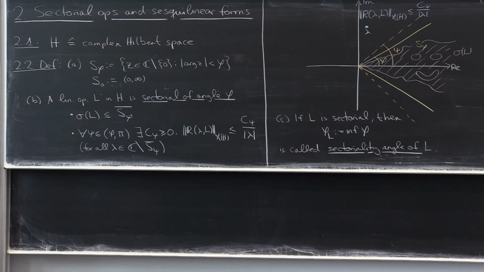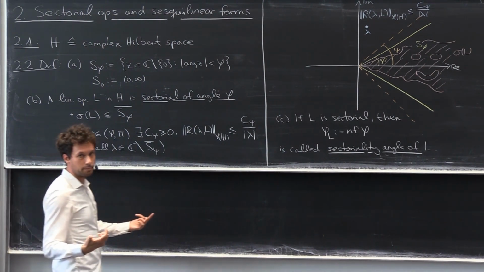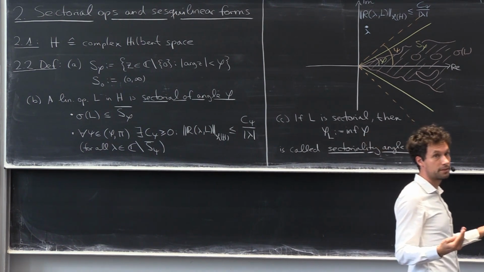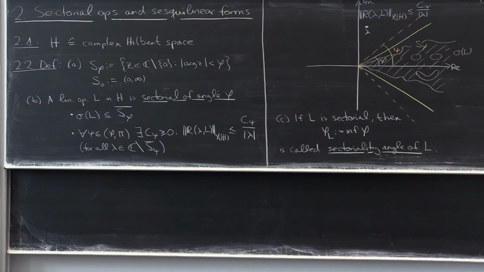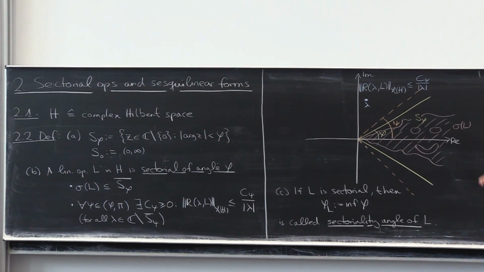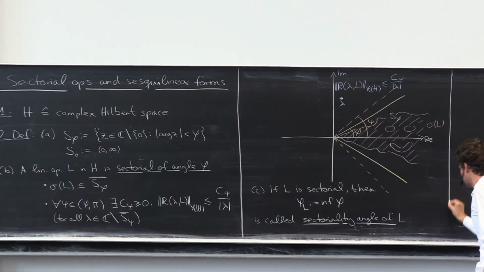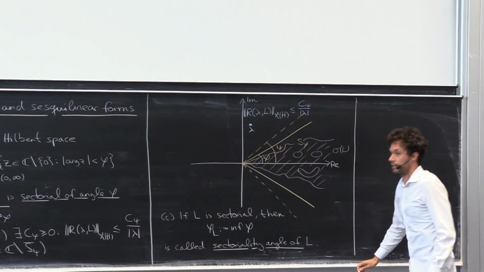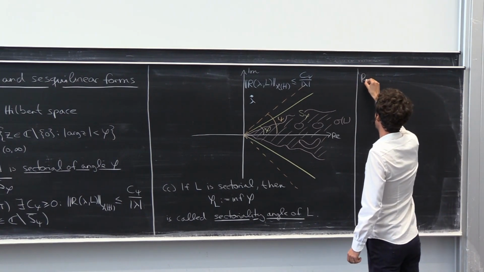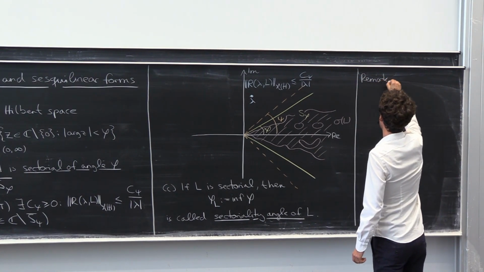That's a definition. Now, one immediate remark that I can make is you see that these operators have non-empty resolvent sets. So, what you learned in the last lectures, these operators are automatically closed. What is going to be surprising, and the main topic of today's lecture, is the following.